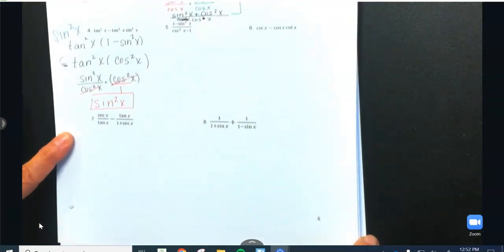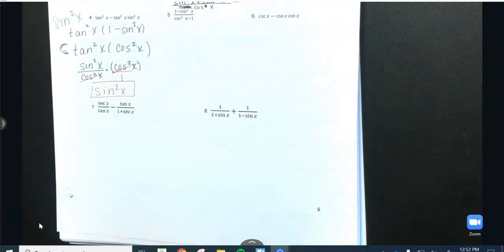Number 5. Y'all, number 5 are two of those identities right now. The numerator is one of those. The denominator is already one of those. Rewrite it. Look at the numerator. What's the only one that has sine in it, the top one? Yeah, it's cosine squared x.